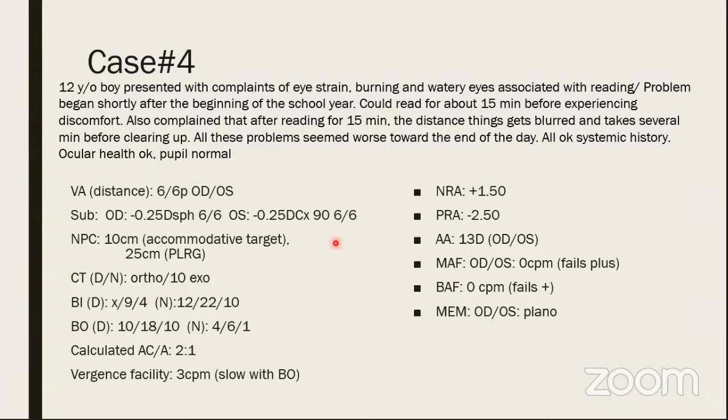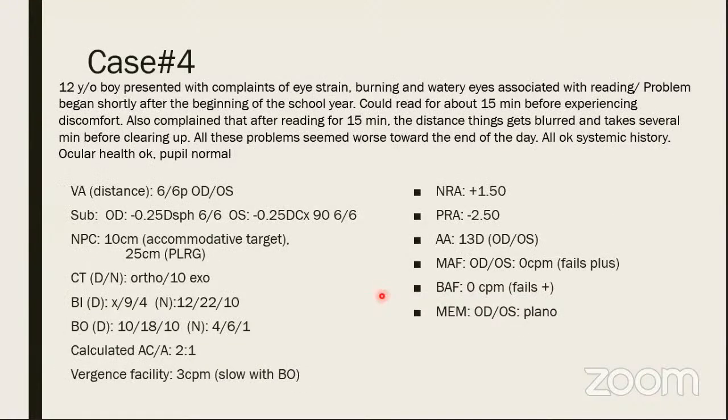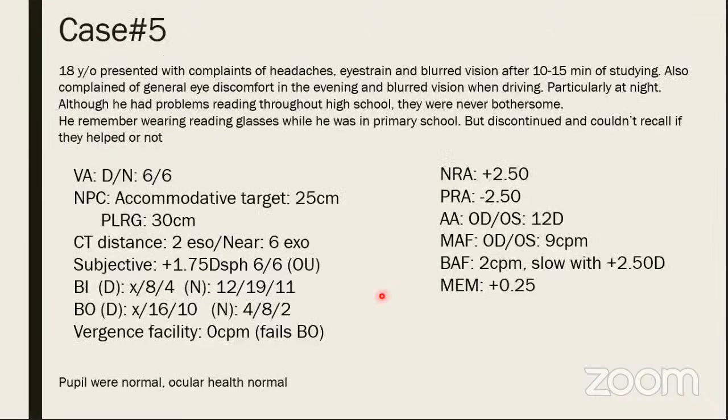Rather than that, we'd go for vision therapy and treat and monitor this refractive status, and of course after stabilizing the accommodative status of the patient, this refractive error would be reduced, or we could eliminate this refractive error.